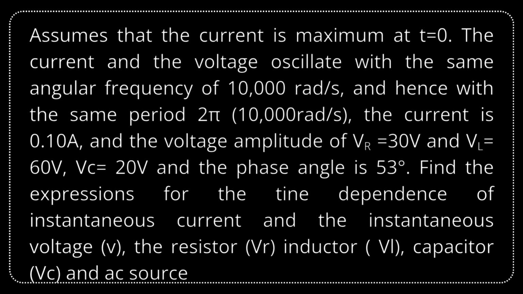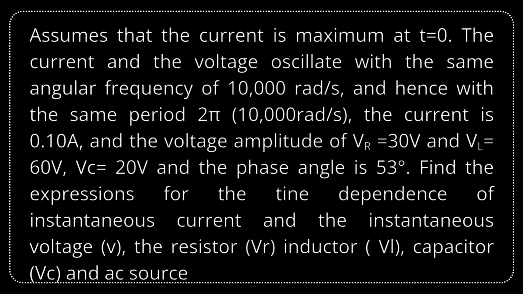So I have here an example problem. Assume that the current is maximum at t equal to 0. The current and the voltage all oscillate with the same angular frequency of 10,000 rad per second, and hence with the same period of 2 pi over the angular frequency, or 2 pi over 10,000 rad per second.